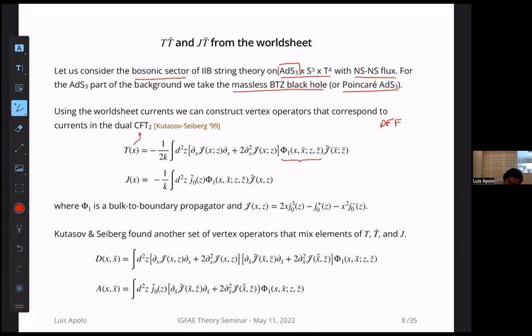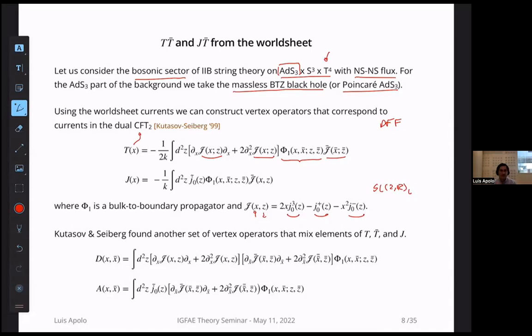And there are these so-called soldering currents that have coordinates in both the dual CFT and on the worldsheet. And this current depends on these other currents of the worldsheet, which are the currents that belong to SL2R. So string theory in this background can be described as a Wess-Zumino-Witten model, and one of the symmetries is a left-moving copy of SL2R.